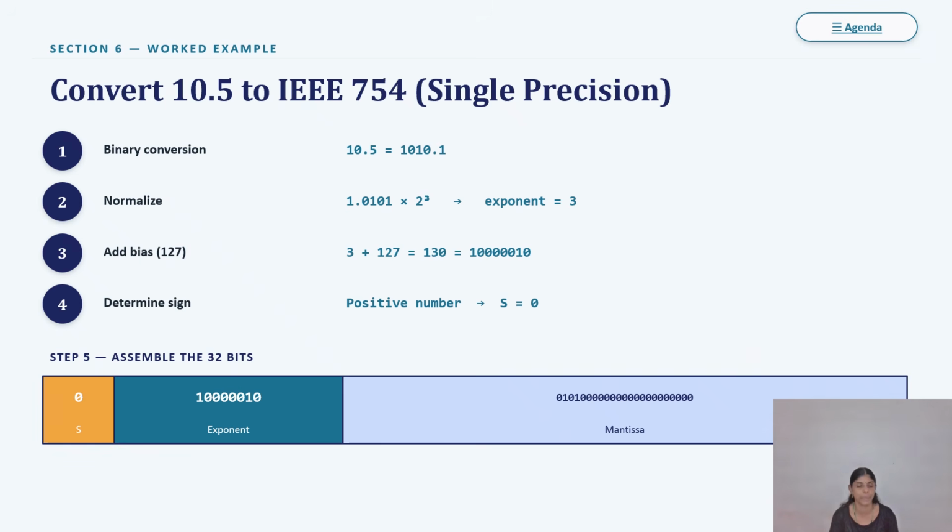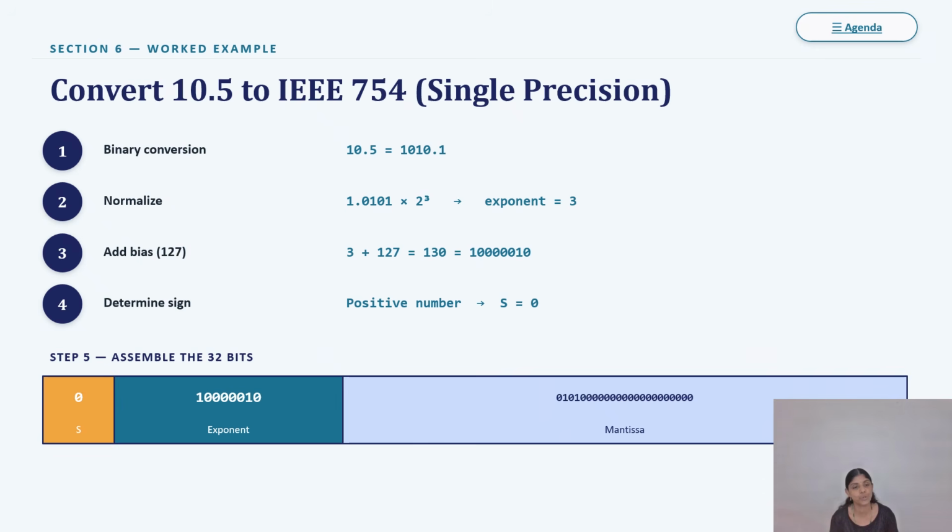I hope you remember that. So 10 divided by 2, the quotient is 5, and the remainder is 0. Then 5 divided by 2, 2 2s are 4, the next remainder is 1.